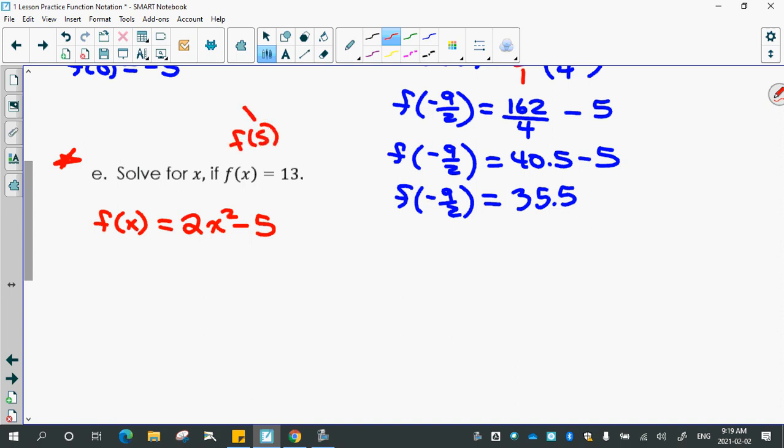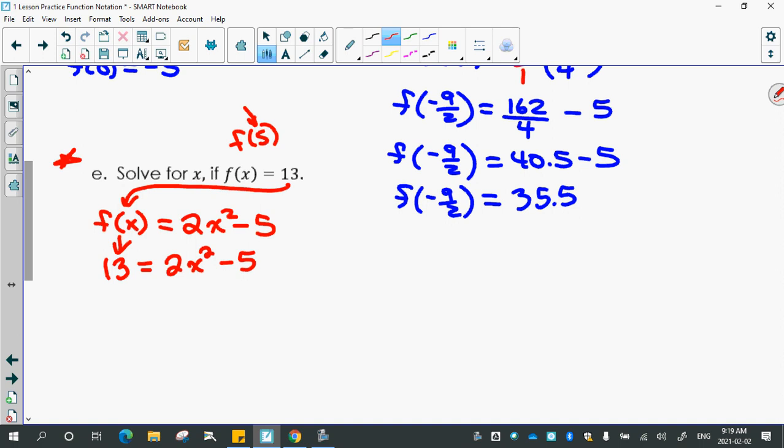It doesn't say that, where we know we sub 5 in here to get the answer. Instead, it gives me f at x. It gives me a number to put in over on this side, and it says, what's x if f at x turns out to be 13? So it's like a backwards question. So you're going to replace f at x with 13, and then solve for x.